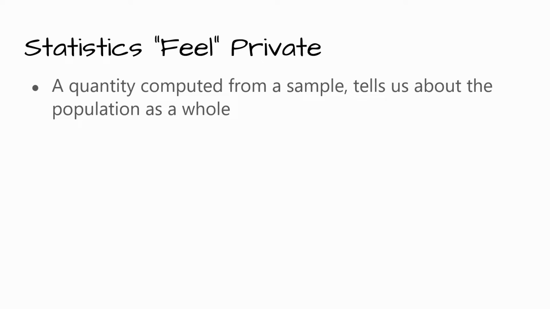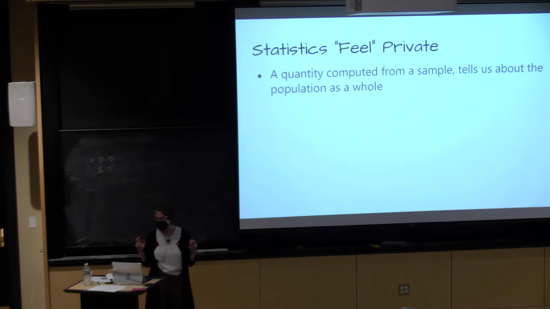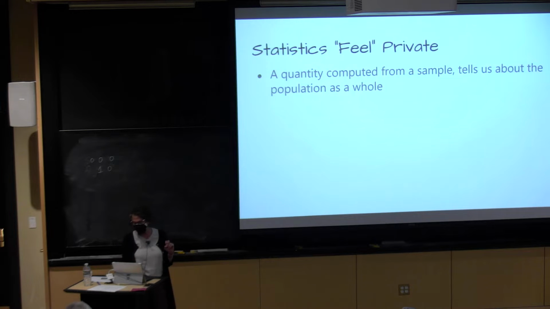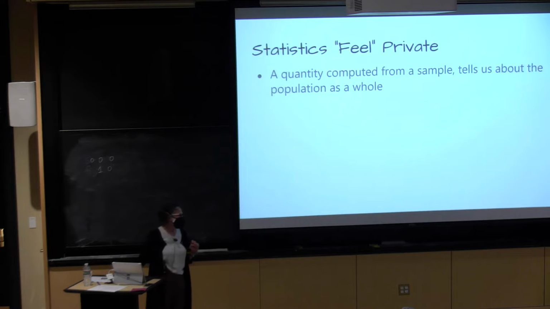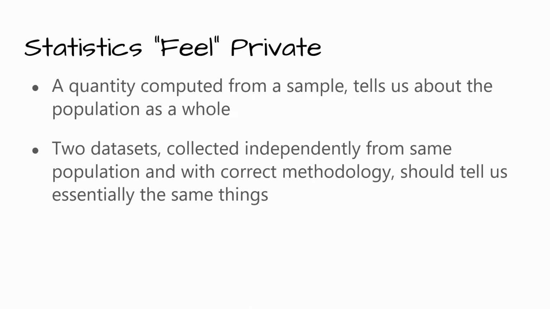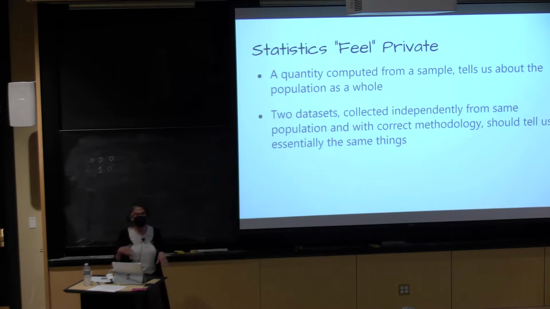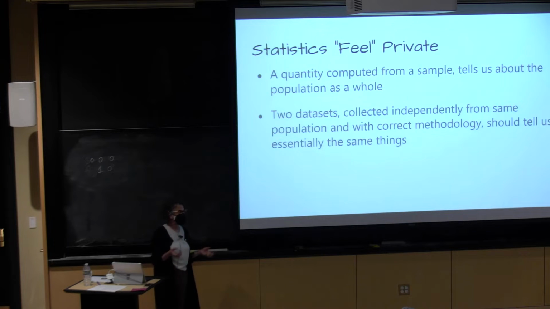So statistics. A statistic is a quantity that's computed from a sample. And statistics feel private. Why would they feel private? Well, two data sets that are collected independently from the same population with the correct methodology really ought to tell us essentially the same thing.